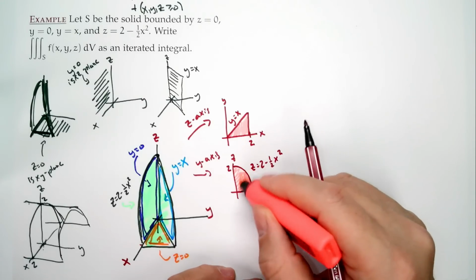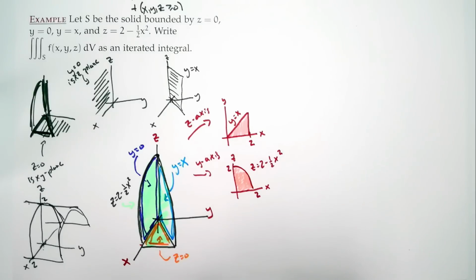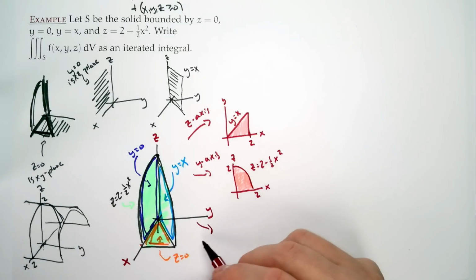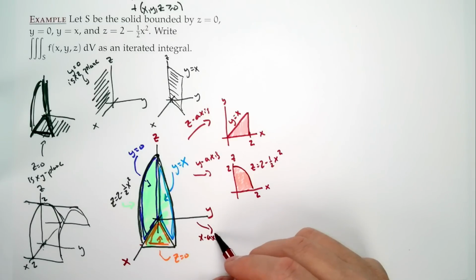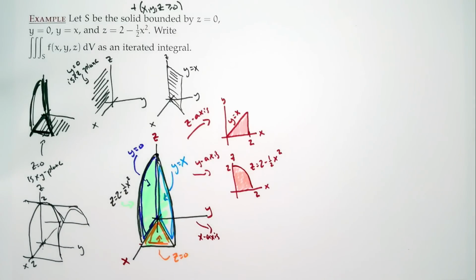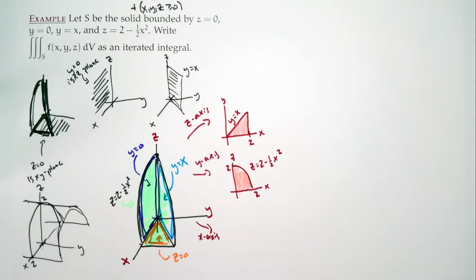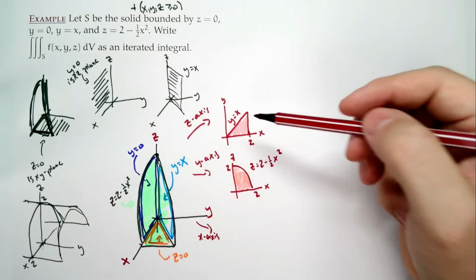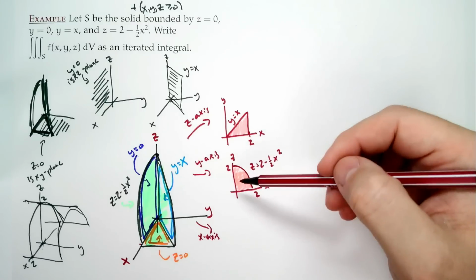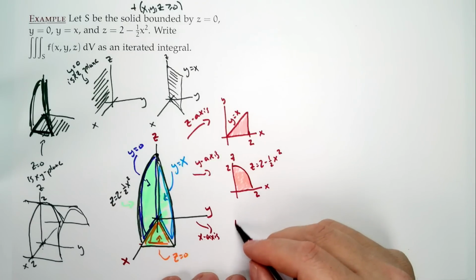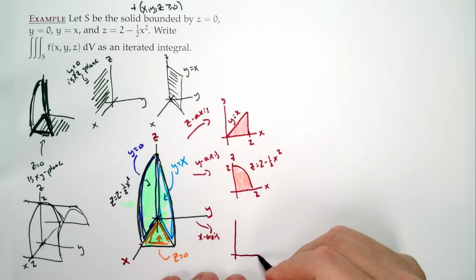So now, all right, back to the one I was humming and hawing about, the x-axis. Why is the x-axis so hard? The reason the x-axis is a little bit harder to see is we're not up against the yz plane. In the other two cases, we were really up against the plane, so it's easy to read off. But here, we're not. So what are we going to do? Well, that's okay.